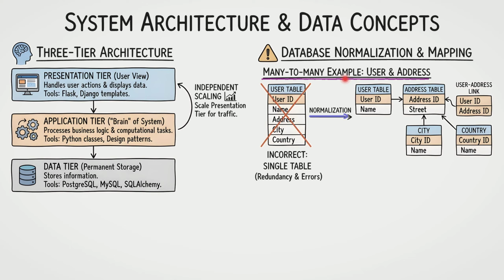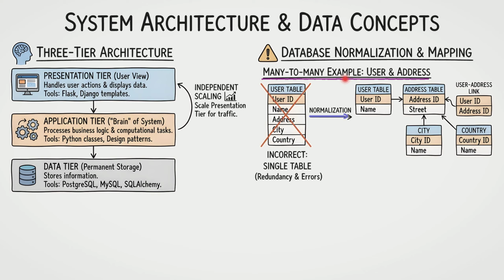Rather than saving the address directly on the user, we use a many-to-many relationship. This efficiently handles cases where different users live at the same address or one user has multiple addresses. We even break addresses down into separate city and country tables to prevent typos and keep shipping math accurate.